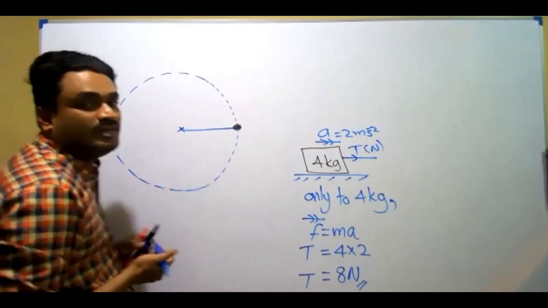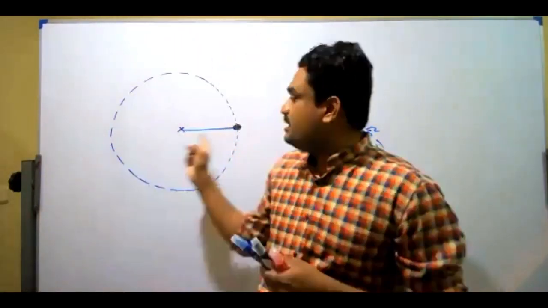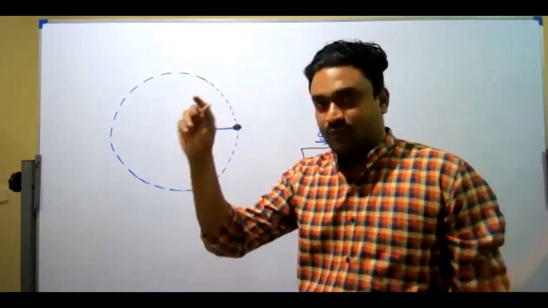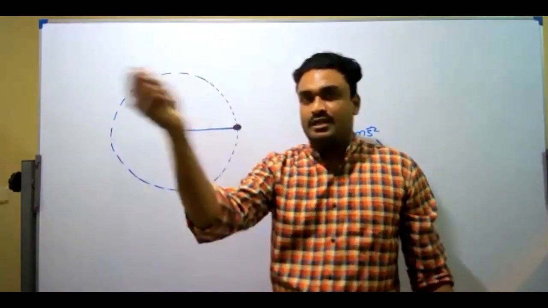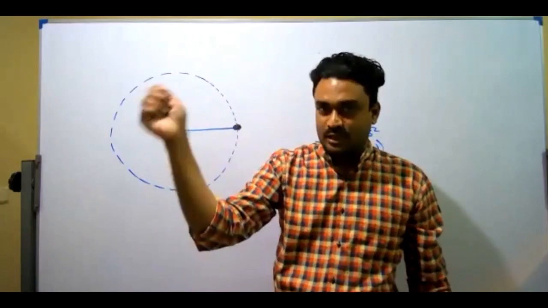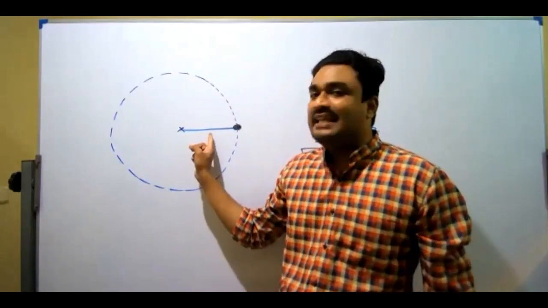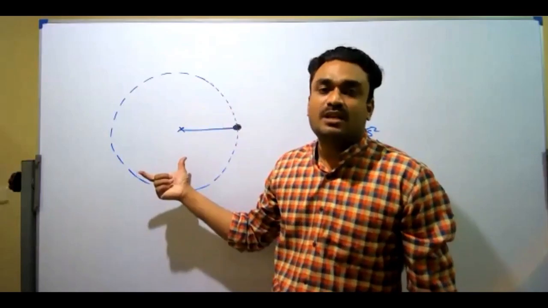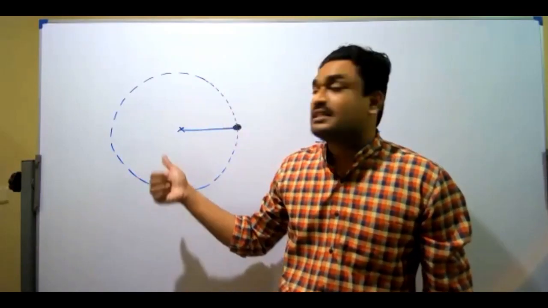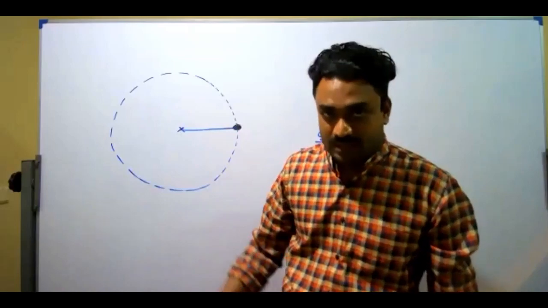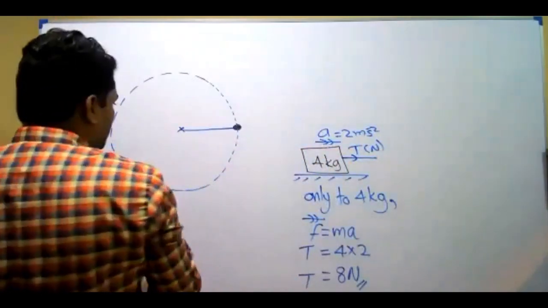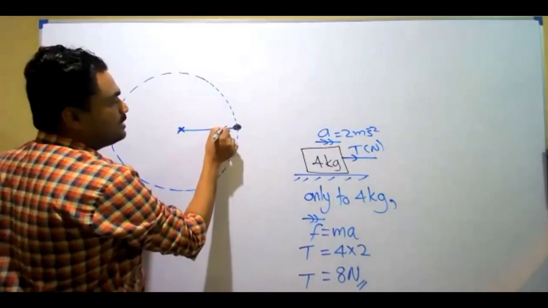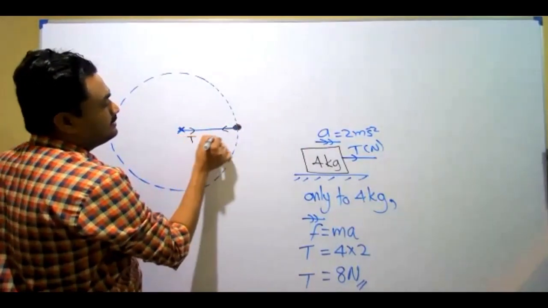The first observation is that the string is stretched. If you connect a metal ball to a string and move it along a circular path, you can observe that the string is stretched. The string is stretched means there must be tension forces as in the previous example. So there should be tension forces in the string like this.